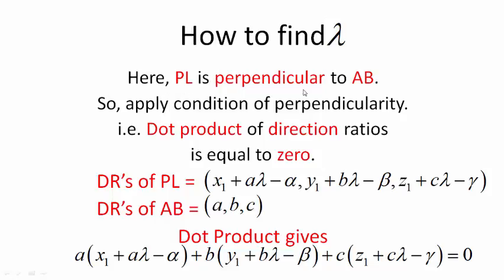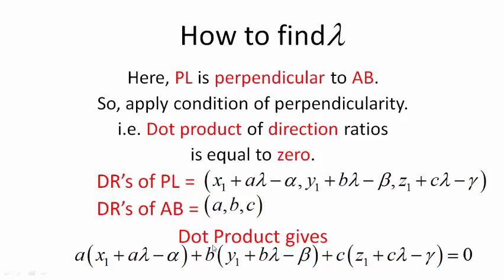Here PL is perpendicular to AB, so apply the condition of perpendicularity. It says the dot product of direction ratios will be equal to 0. The direction ratios of PL we just found: x1 plus a lambda minus alpha, y1 plus b lambda minus beta, and z1 plus c lambda minus gamma. And the direction ratios of AB, your given line, are a, b, c.